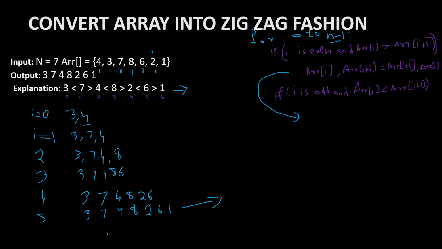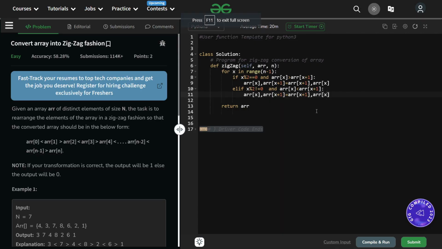Now, if you still don't understand the question, let's go to the coding part and understand it more clearly. Now we are inside the Geek for Geeks website, and this is the code for the zigzag. As I have told, we are iterating through the loop, and while iterating, we check if the index is even or odd. If it is even, we simply check the right value.